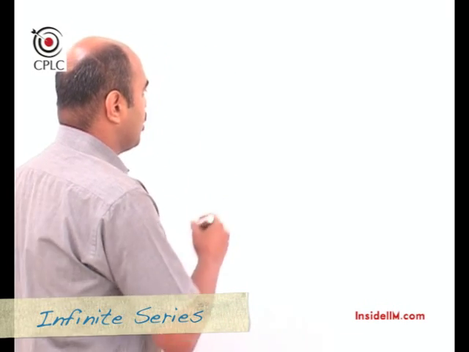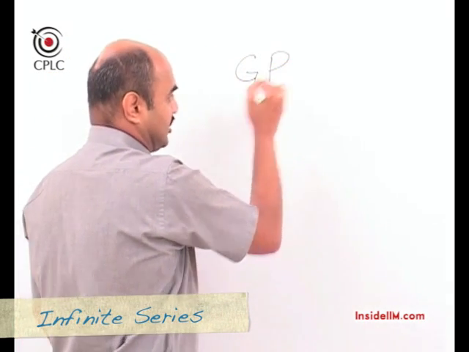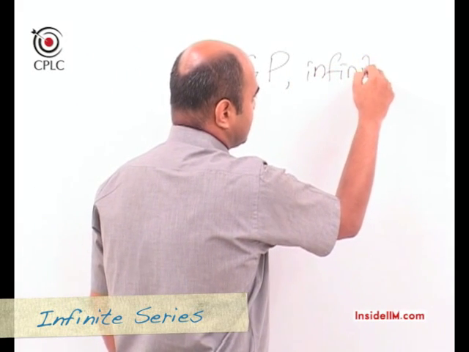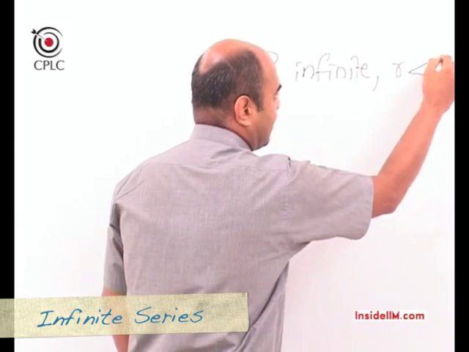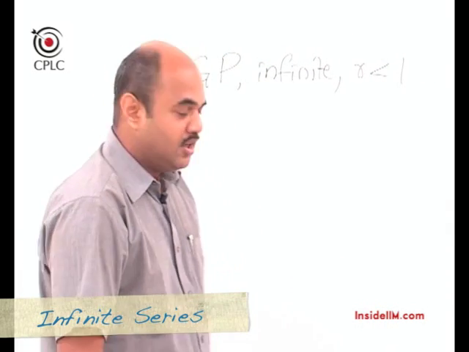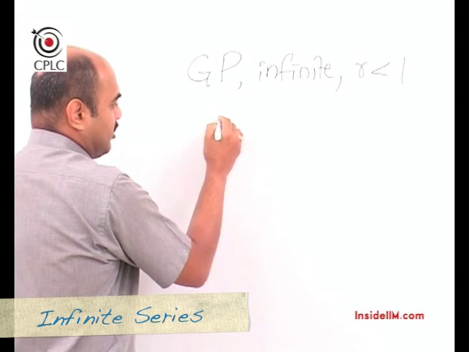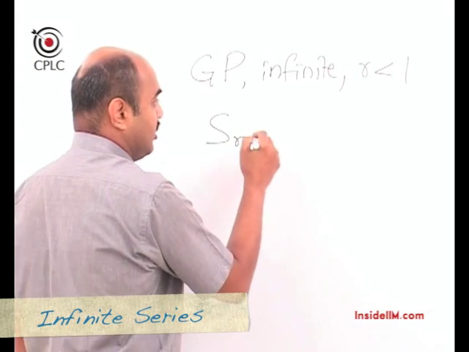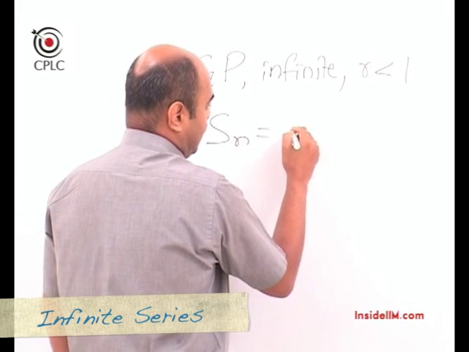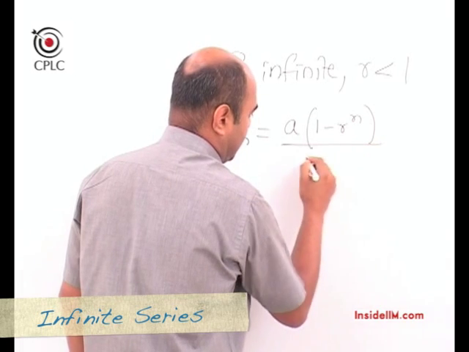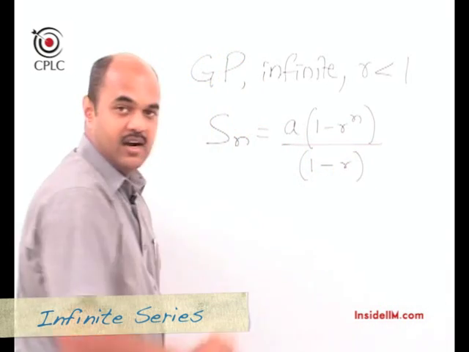So if we talk about a geometric progression with infinite terms such that r is less than 1, which means that it is diminishing, and we look at the formula that we had just seen in a geometric progression for Sn where r is less than 1, we had said the formula is a into 1 minus r raised to n upon 1 minus r.